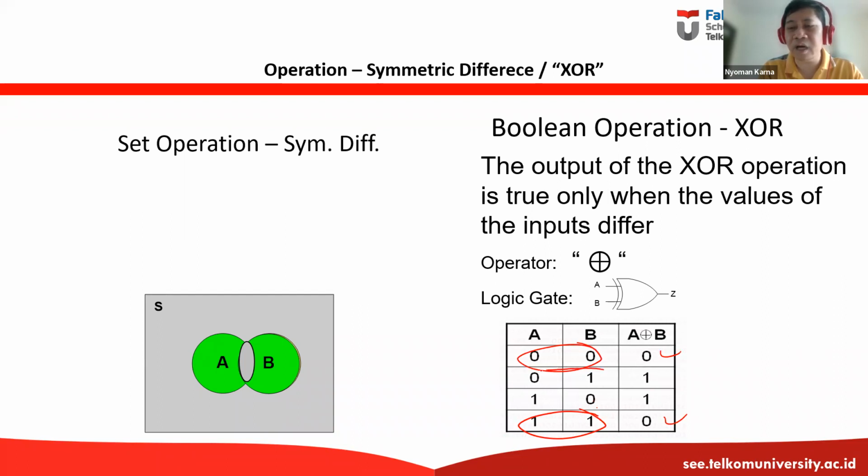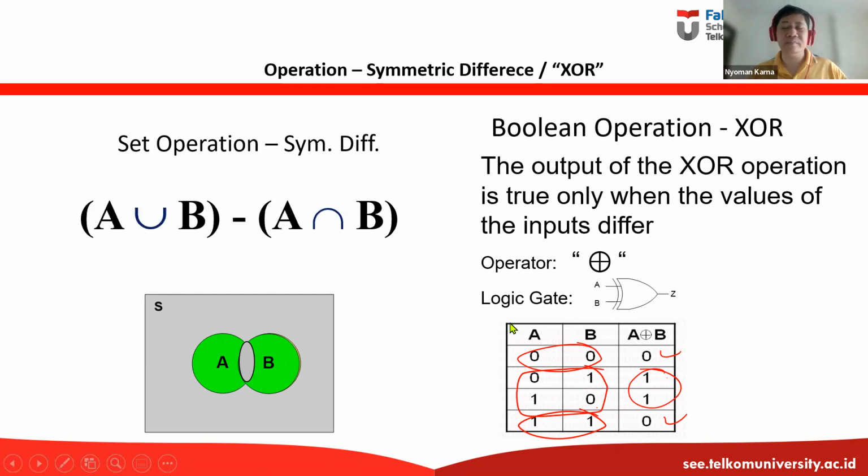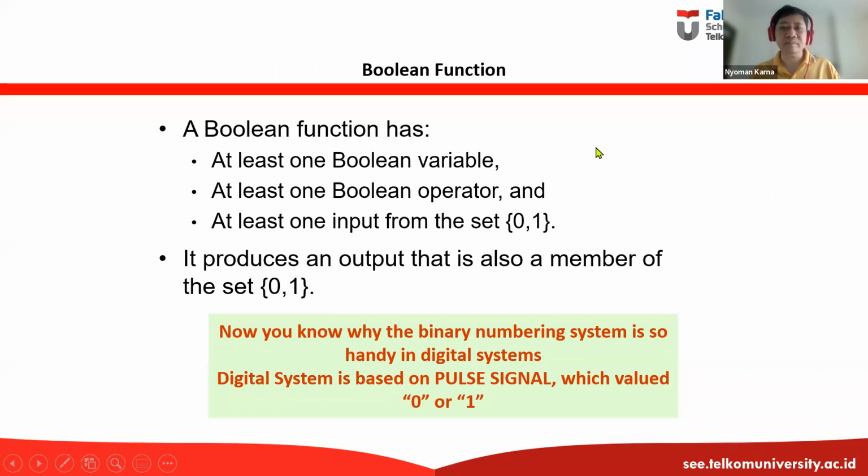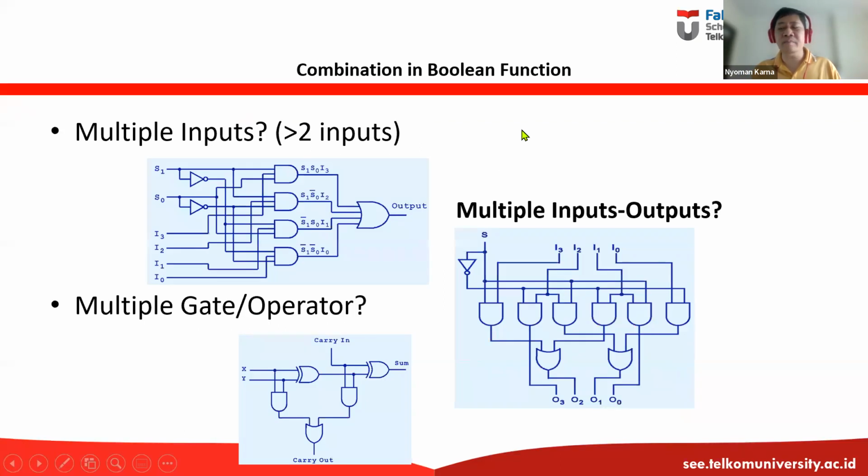However, if the inputs are all different, the output will become 1. So it's just like a comparator. The same, 0. Different, 1.